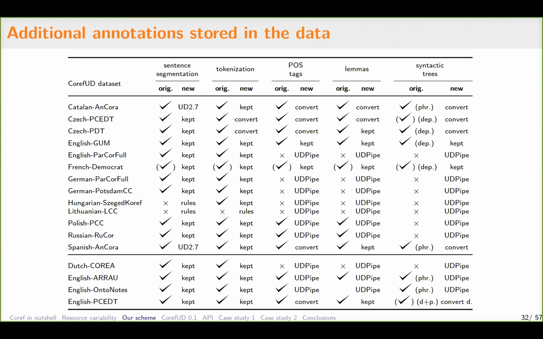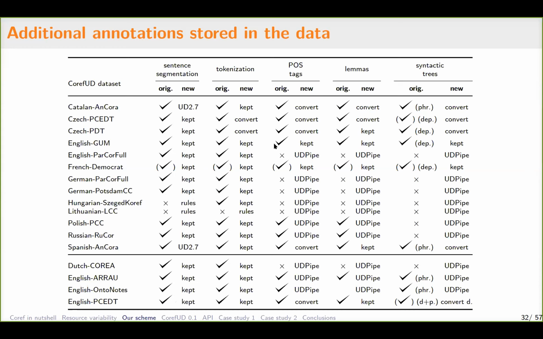Okay, I also said that we provide all the datasets with UD style dependency annotations. You can see that sentence segmentation was almost always present in the original resource, so in such cases, we usually keep the sentence boundaries. Tokenization was also almost always present. As for part-of-speech tagging, there are a few different situations.